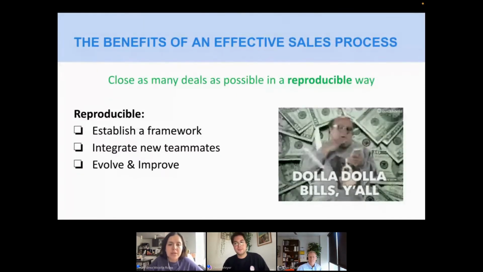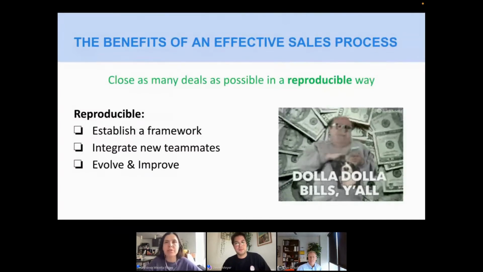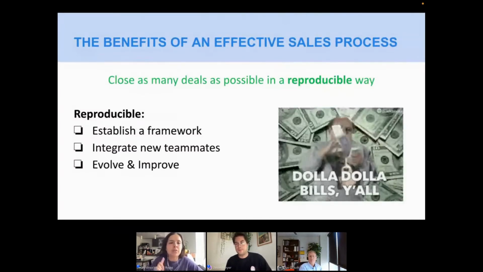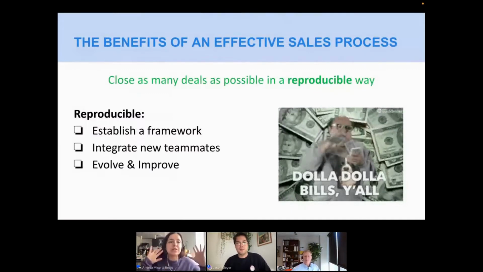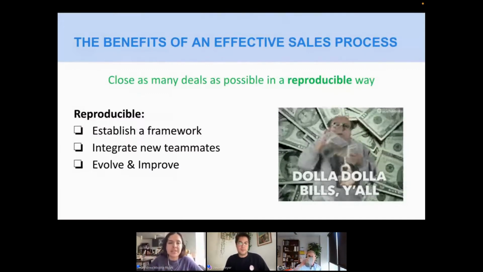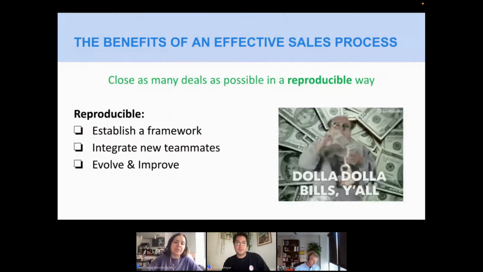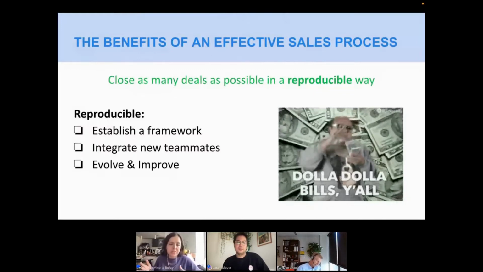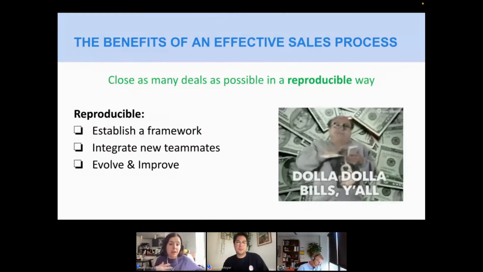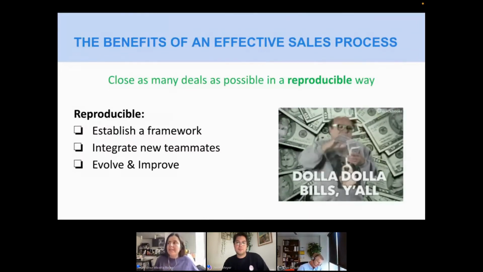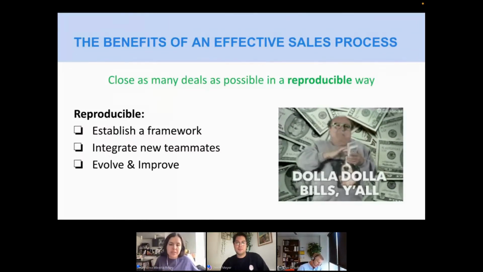That's right, and that's where noCRM comes in because you don't want to have only one salesperson that is your star. That's the person that is able to do all the closings, but you also want to reproduce this, as Jason mentioned before, with other members in the team. And that's why you want to make your sales process effective.